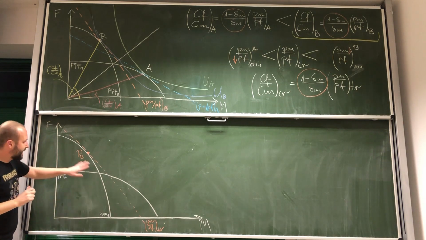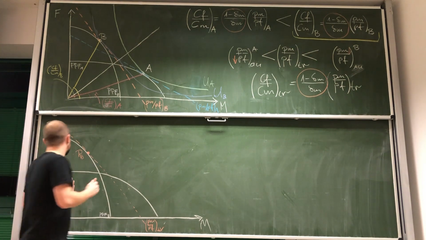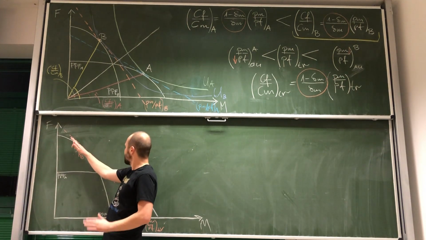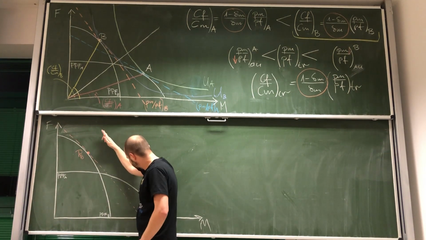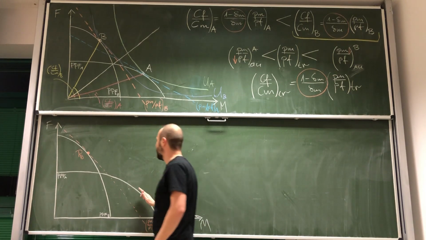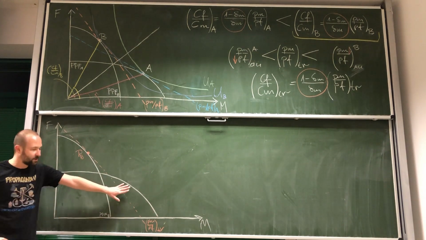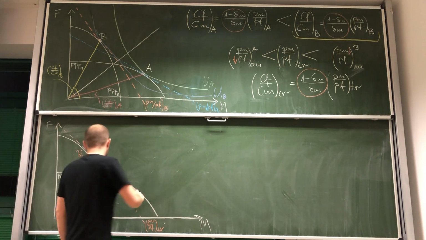Okay. Now, I need to use a separate line to establish production equilibrium in Austria. How do I do it? Look, I should take this line and move it parallelly until I would get a point at which this line would be tangent to the second production possibility frontier.